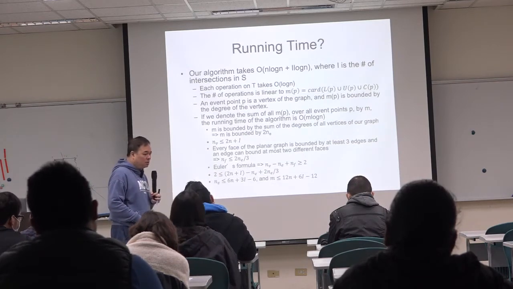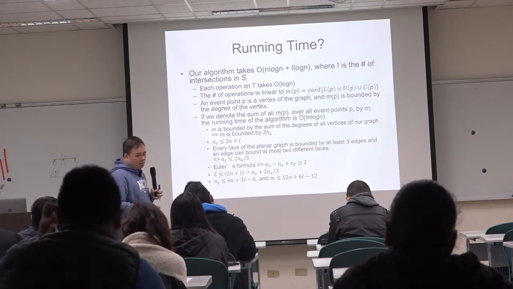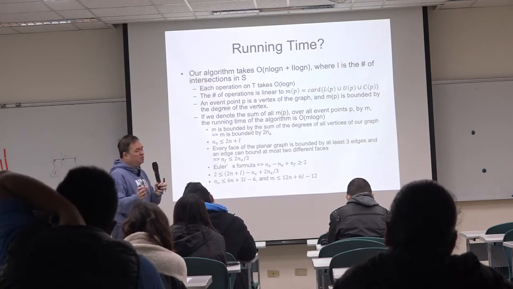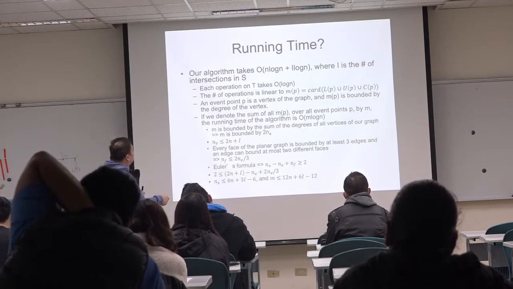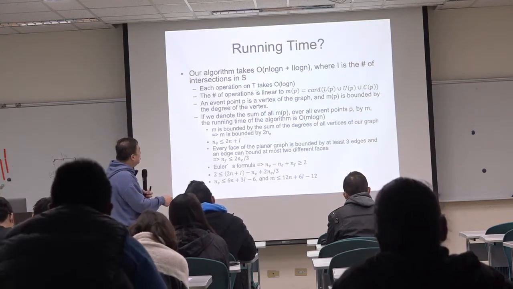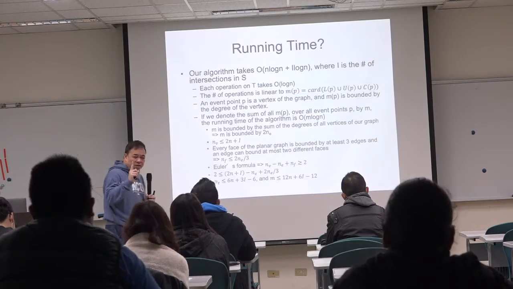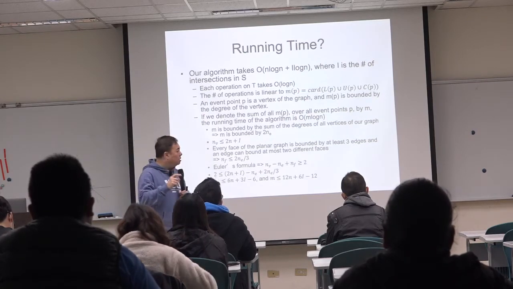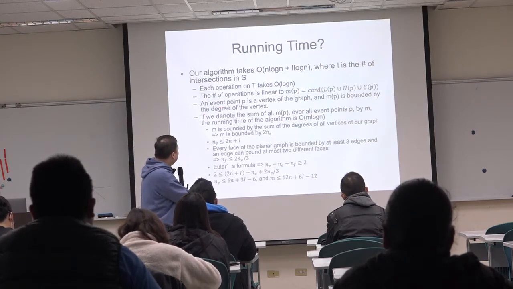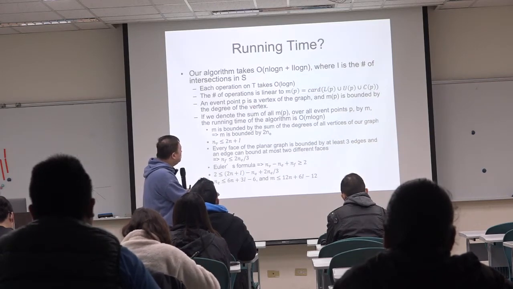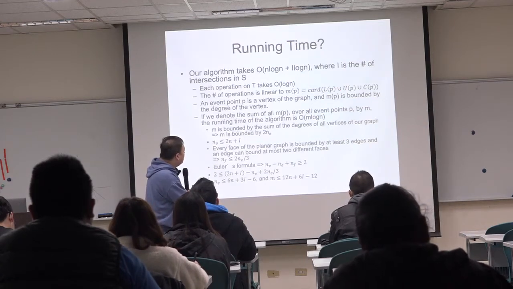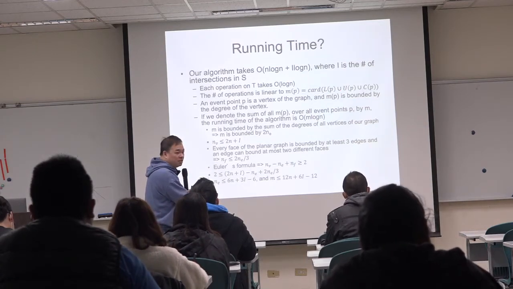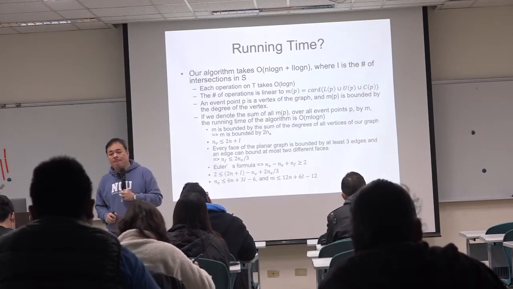The insertion or deletion in a binary search tree takes log n, assuming it is balanced. When you deal with one event point, the number of operations will be linear in the cardinality of L(P) union U(P) union C(P). Let's call that n_P.